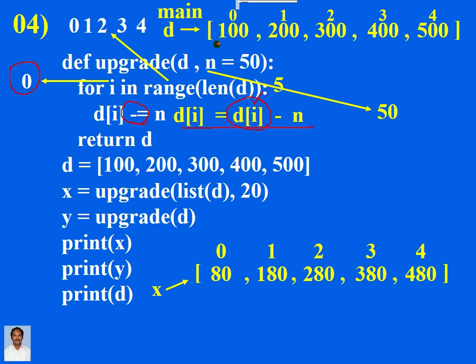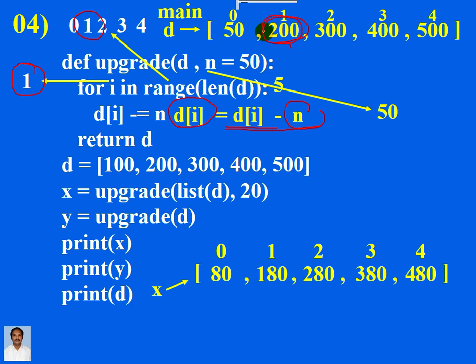d of 0 means it is 100. Your variable n contains 50. So 100 minus 50, 50, that is assigned to d of 0. So this d of 0 becomes 50. Again, i takes the next integer in the range, that is 1. Again, d of 1, that is 200 minus n. n is 50. 200 minus 50, 150, that is assigned to d of 1.